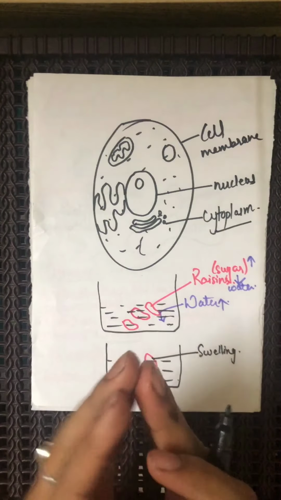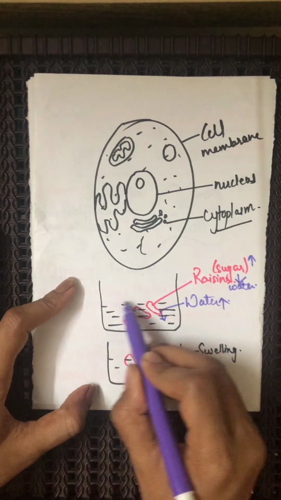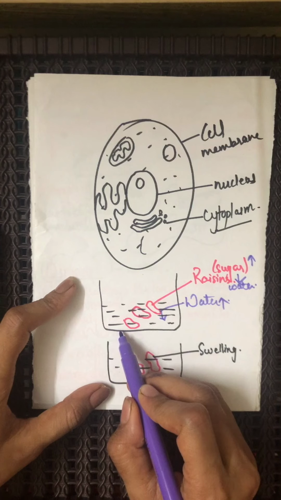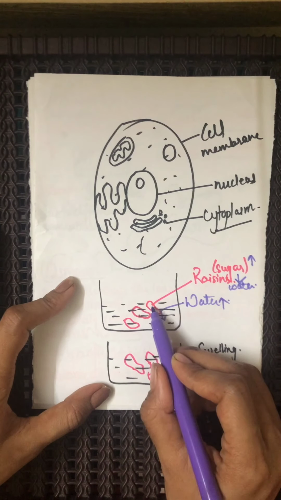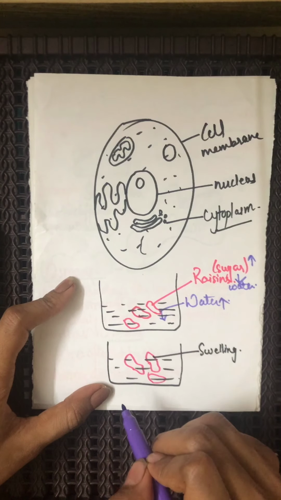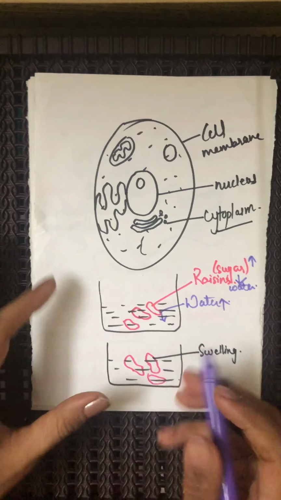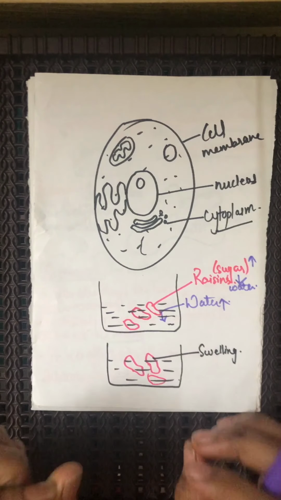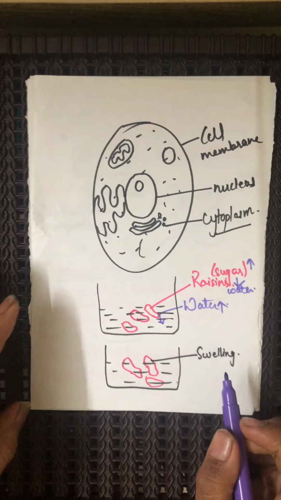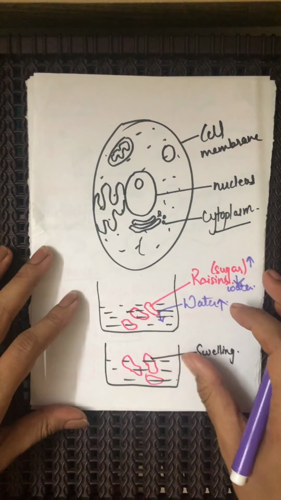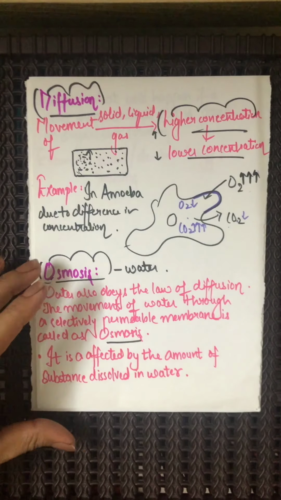Why do they swell up? They swell up because the water, which was more outside, has started moving from its region of high concentration to the region of lower concentration, where the level of water was less. So therefore they have swollen. This is nothing but osmosis. We shall understand the concentration stuff in the next part.